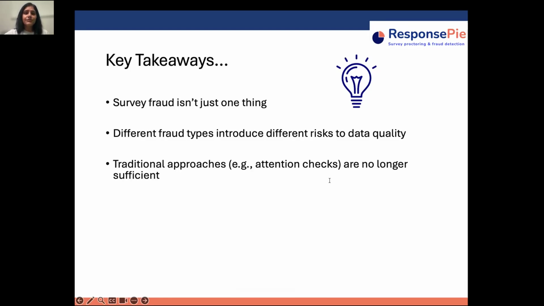Three, traditional approaches like attention checks that were designed to catch speeders, your careless responders, weren't built for more complex types of fraud like coordinated efforts or AI generated responses.